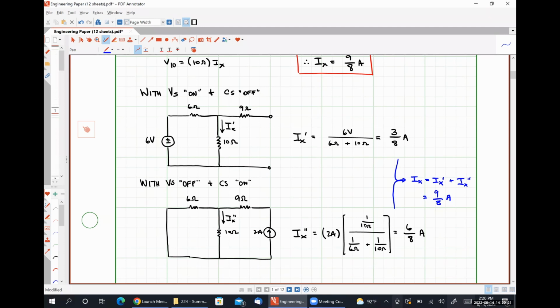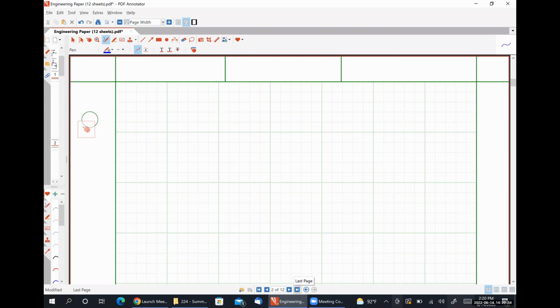All right, so I would like to expand on the superposition principle by talking about the concept of linearity. Linearity can be a difficult concept to understand because it's rooted in signal and system theory more so than circuit theory.